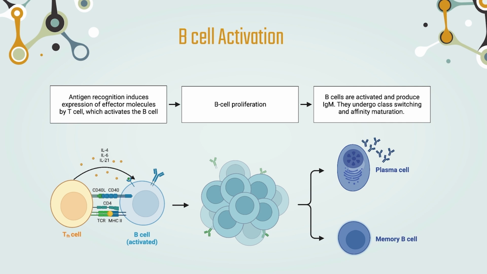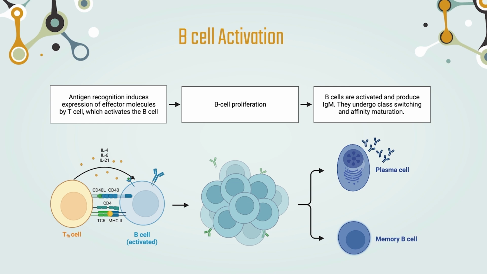Now, this presentation will activate follicular T cells. Now, once follicular helper T cells are activated, it will produce interleukin 4, 6, and interleukin 21. And these cytokines will activate B cell. Now, the interaction between MHC2 molecule and T cell receptors is not enough for activation of B cell.